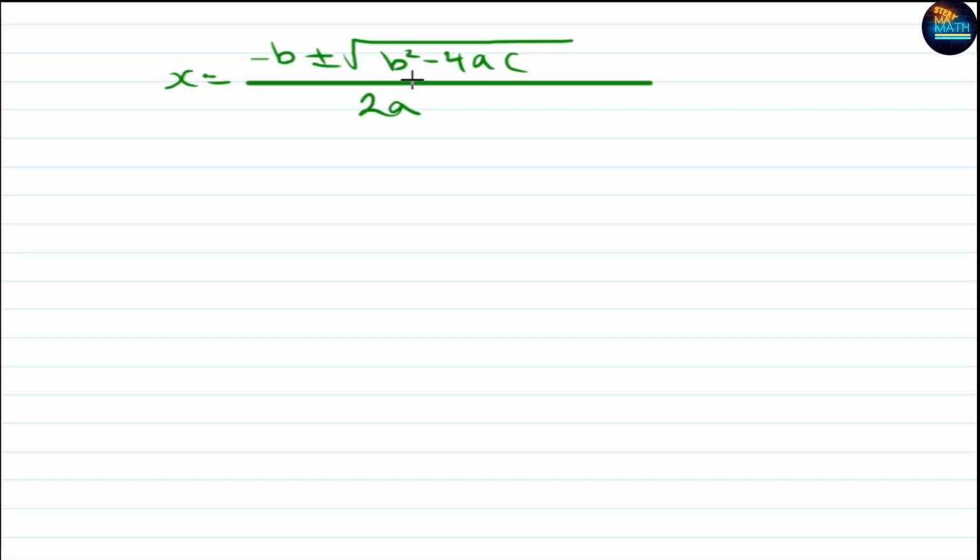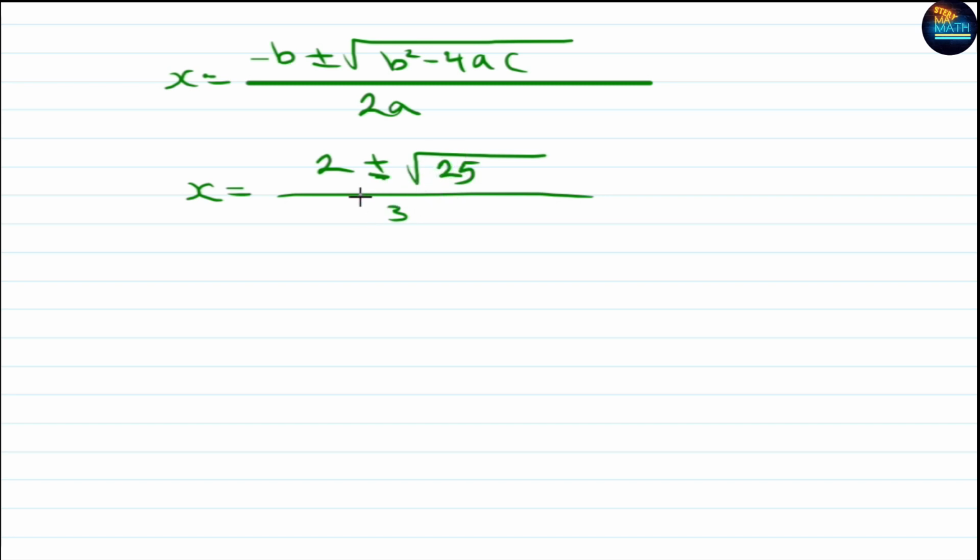complex and not real. So let's suppose that we have x is equal to, for example, 2 plus or minus the square root of the discriminant, which is 25, divided by 2 times a, let's suppose it's 3. So the square root of 25 is 5.